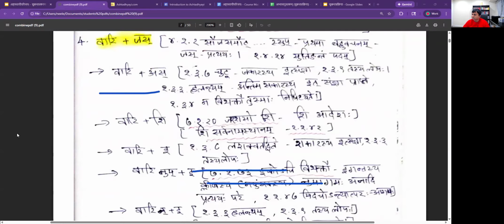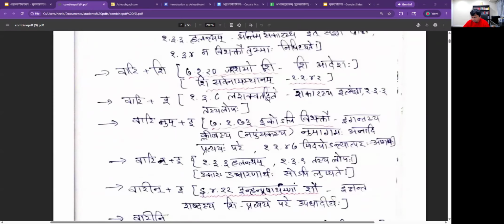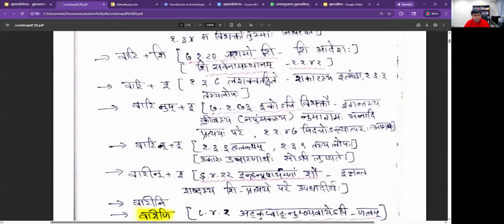7120 Sutra Sankhya. Jashoshi, Shi Adeshah. Here also Ikochi Vibhakta, but Sarvanamasthana. Atra Napunsaka Jalacha Parasya. Napunsakas Jalacha, the Sutra Sankhya is 7172. 72 is Napunsakas Jalacha.